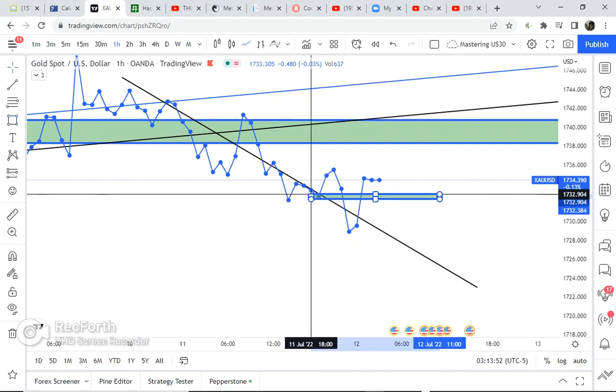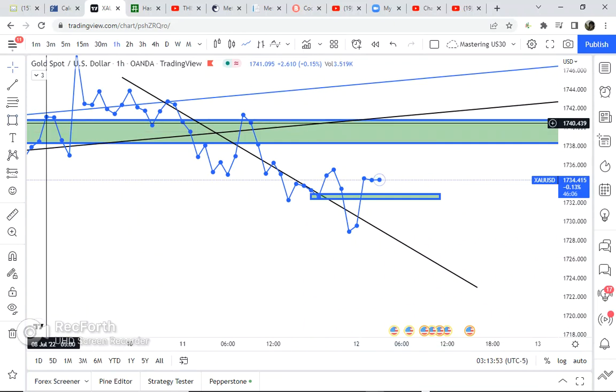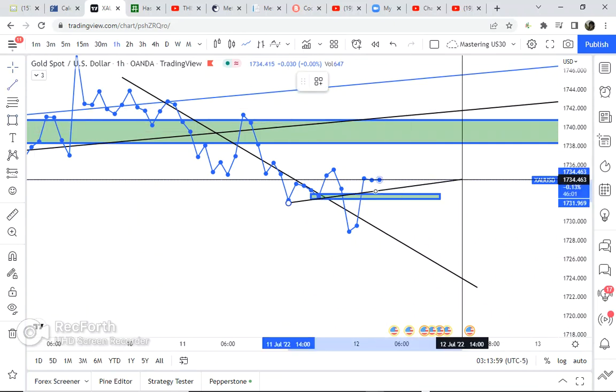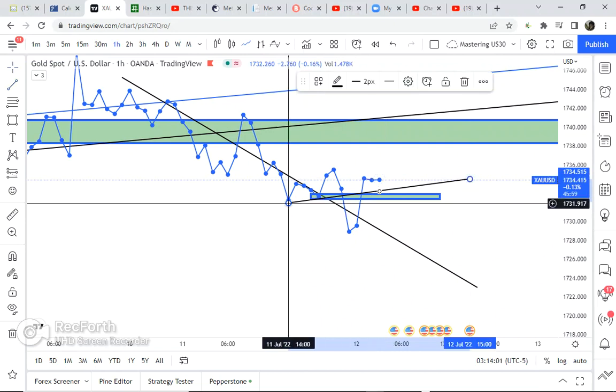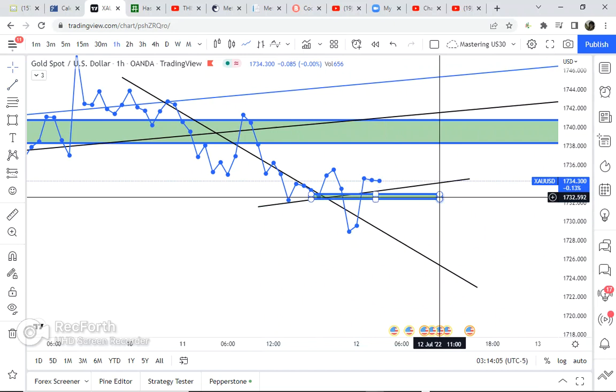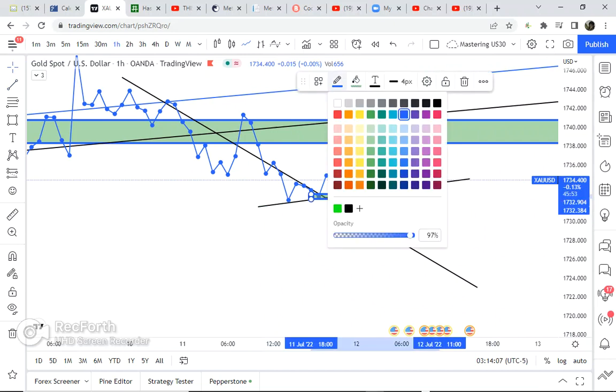And I can also catch a small trend line here. And my outline for this now, well, you can choose whichever outline you choose. These are my preferences.